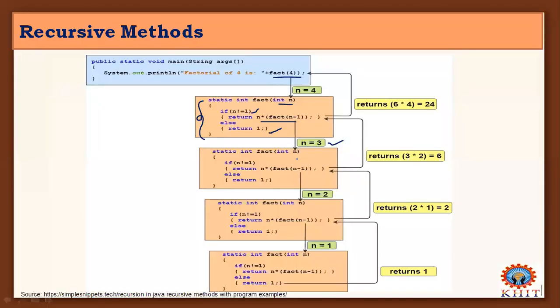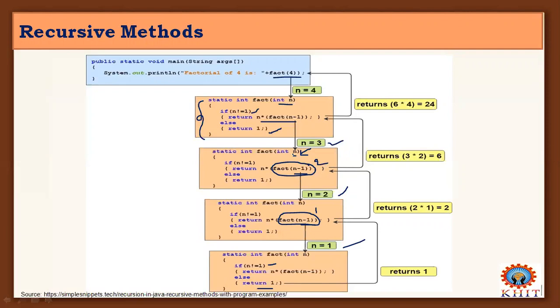Got it? So now this 3 is copied here, and again it calls n minus 1, that is 2, and n minus 1, that is 1. When it comes to the n not equal to 1 condition, it fails, and it simply returns 1. This 1 is copied here, so fact of n minus 1 is replaced with 1, and here fact of n minus 1 is replaced with 2, like that.